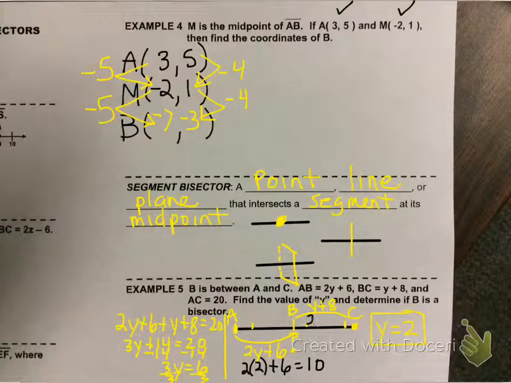Same thing here: 2 plus 8, which also is 10. Since they were the same, we want to write that B is a bisector of line segment AC. So B is the bisector of line segment AC.